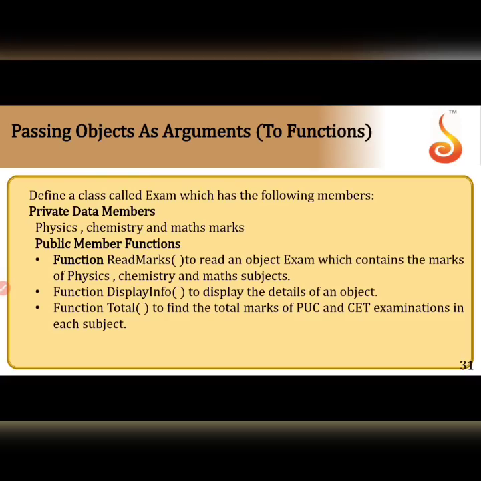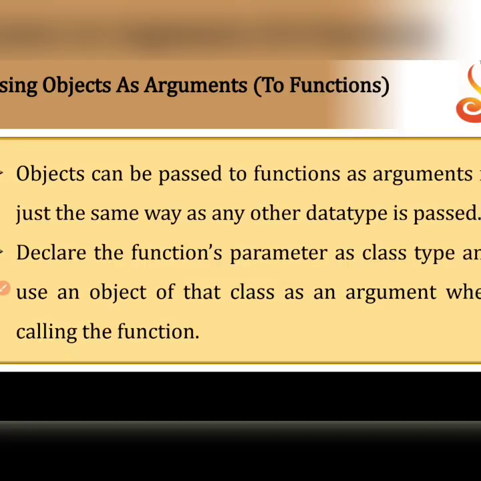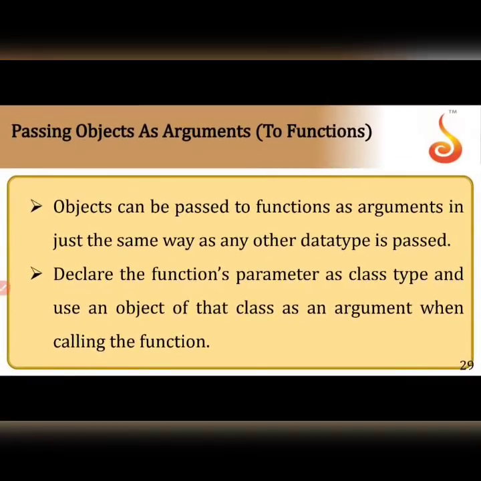Passing objects as function arguments. Objects can be passed to any function as arguments in just the same way as any other data type is passed. So, what did we pass? We passed integer values. The same way you can pass an object also.